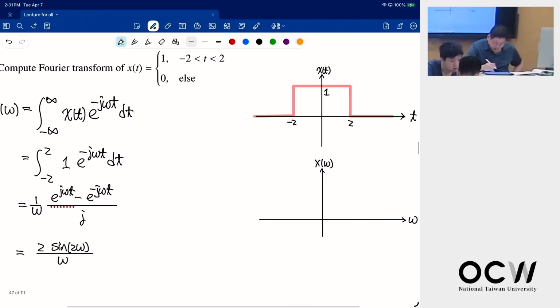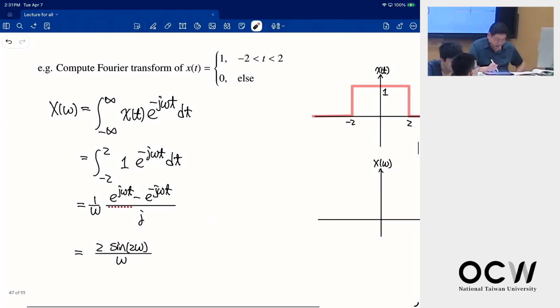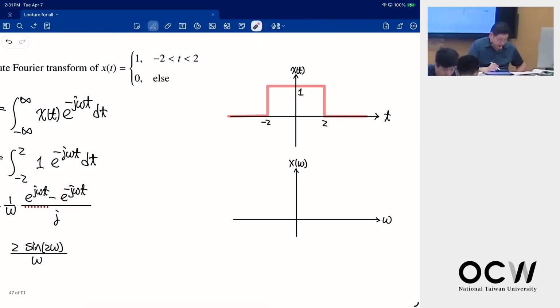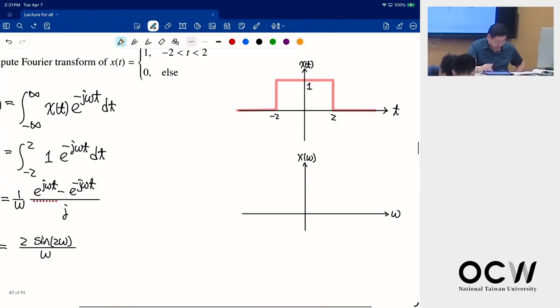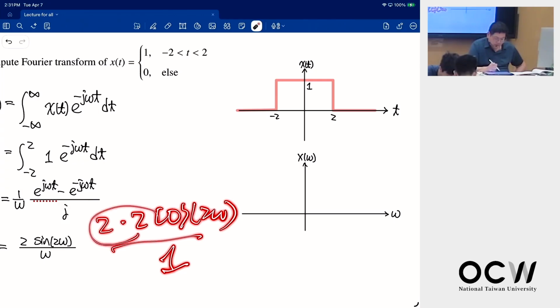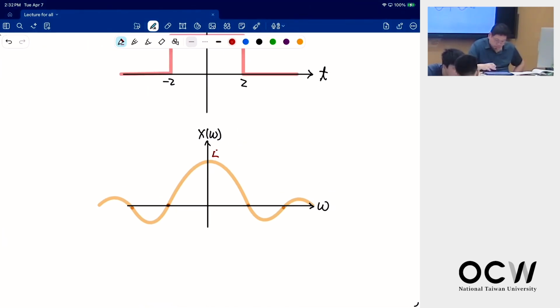The magnitude when omega equals 0: you can use L'Hopital's rule, 2 times 2 cosine 2 omega divided by 1, and you get 4. So here we have 4. That's the peak, because x of 0 is 4.